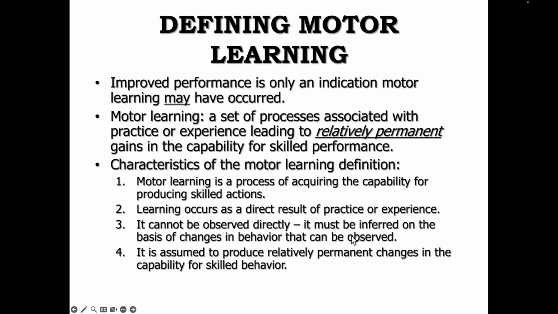We can assume that it's occurred based on certain changes in either performance or behavior, but it cannot be observed directly. And number 4, it is assumed to produce relatively permanent changes, as mentioned up here in the definition, in the capability or capacity for that skilled behavior.